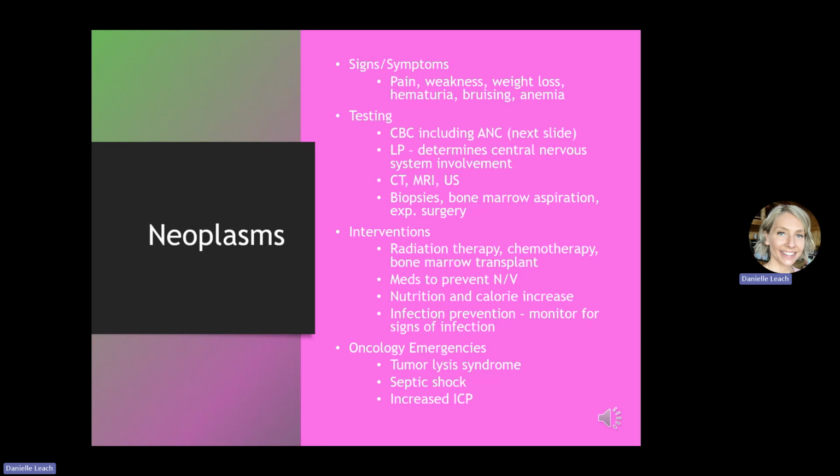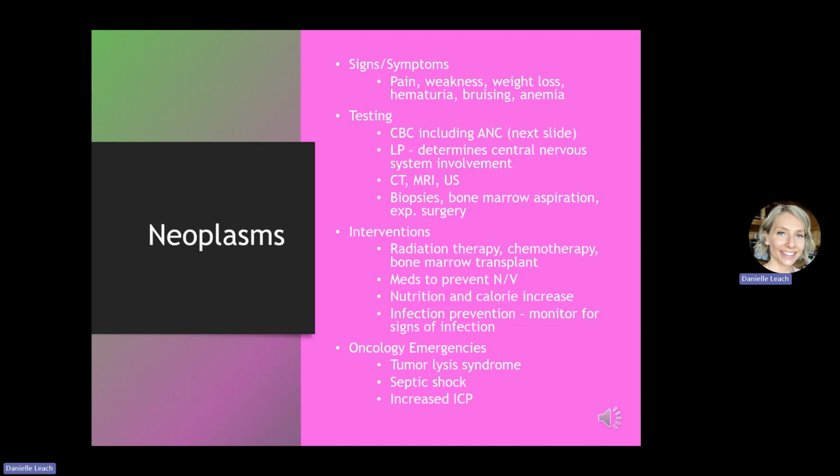We'll talk more about that on the next slide. Also, we could do an LP, which is a lumbar puncture. The lumbar puncture directly tests the cerebrospinal fluid, which tells us, is there any central nervous system involvement? Is there any cancer in the brain or the spinal cord?